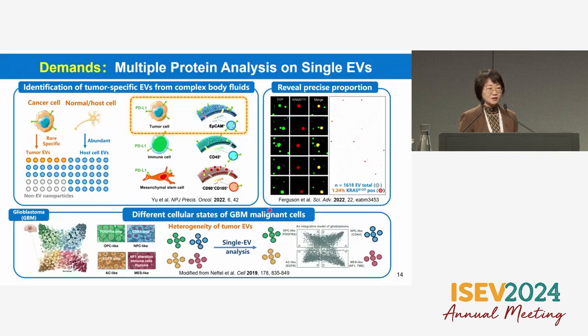In most cases, we would like to do double protein analysis because it can not only distinguish, let's say, tumor EVs from EVs originating from other normal cells or non-vesicular contaminants, but also reveal the heterogeneity, let's say, of EVs from cells of different status.